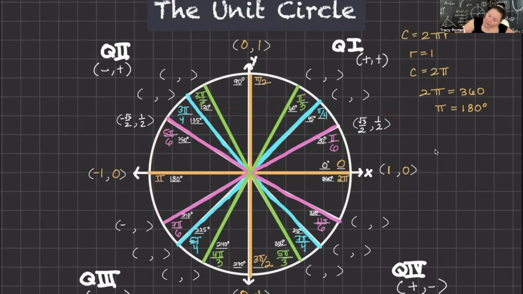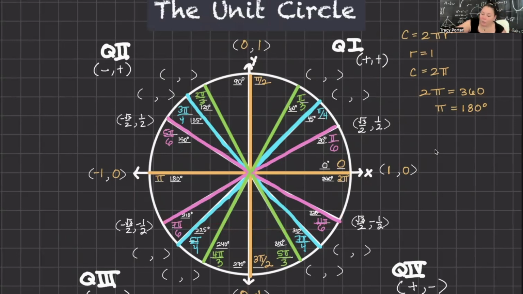So this one would keep the minus square root of 3 over 2, but then a minus 1/2. And then once again, if you reflect it over here, you have a now positive x, but still negative y. So positive square root 3 over 2, negative 1/2. And then you can do it the same way.